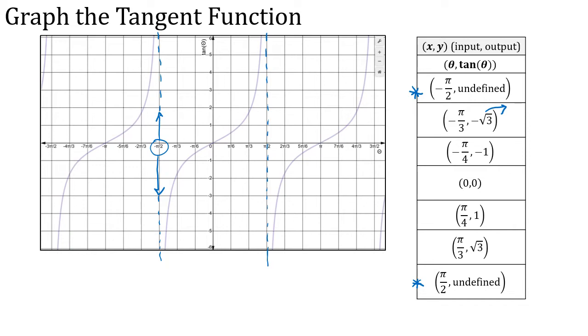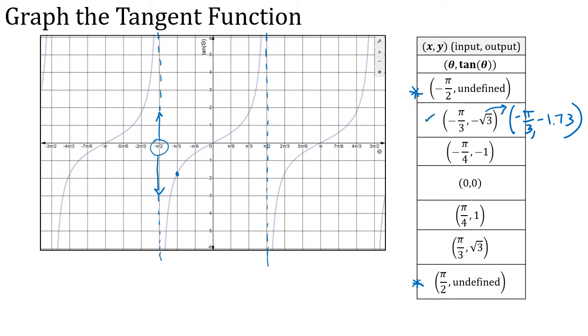So I'm going to plot the point negative pi over 3, comma, negative 1.73. And that is going to be around right here. So I'm going to the left pi over 3, and then I'm going down 1.73. All right, so I took care of that point.